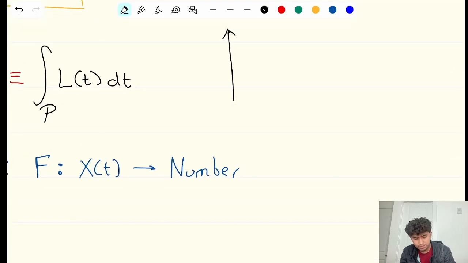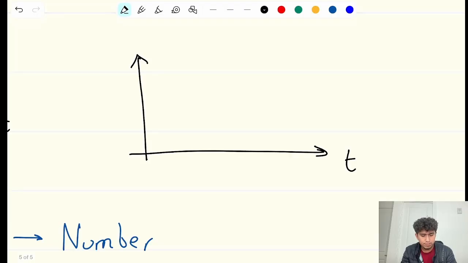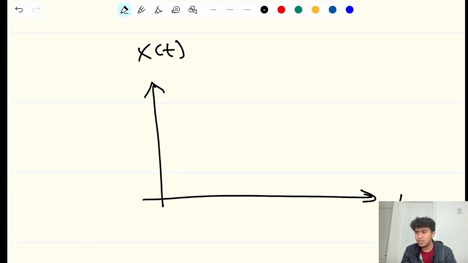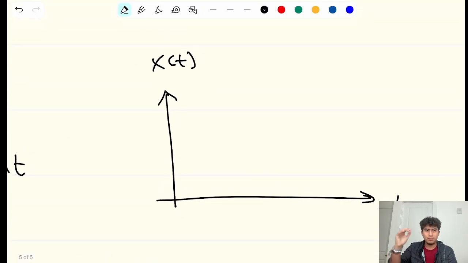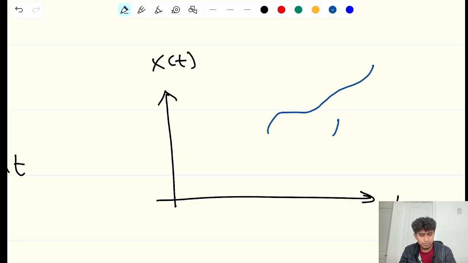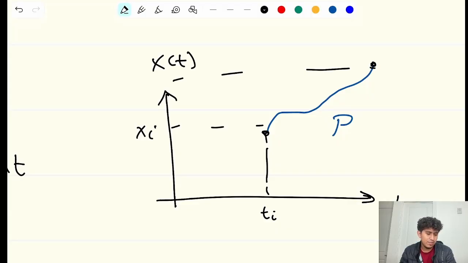Cool. An example of a path. I can draw this. We have t, we have time. Forget about space-time diagrams. This is just a normal x and t diagram. We have a path, something that's here. Let's call this a path. It starts at position xi and time ti, and it finishes at xf, tf.